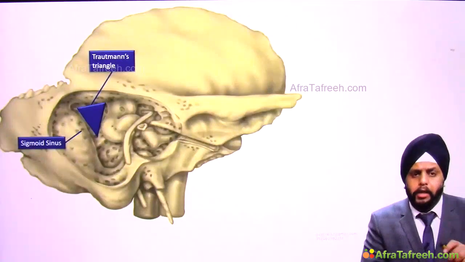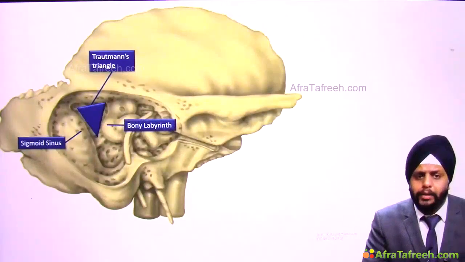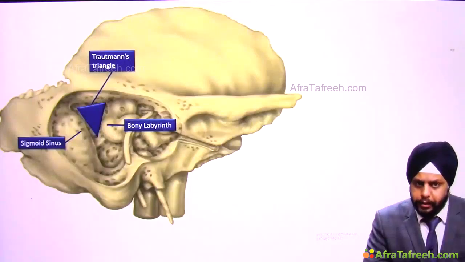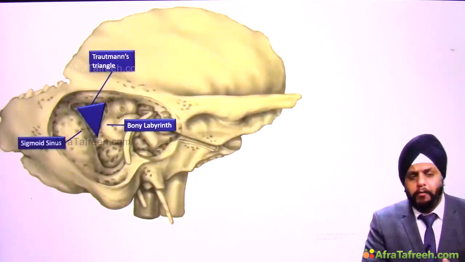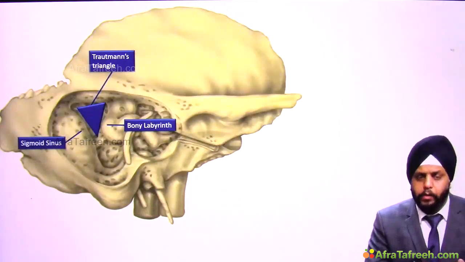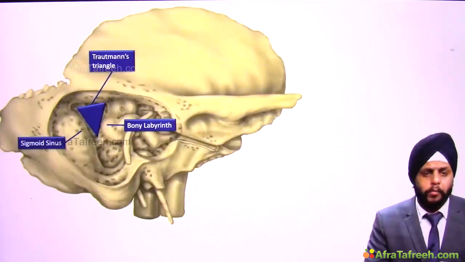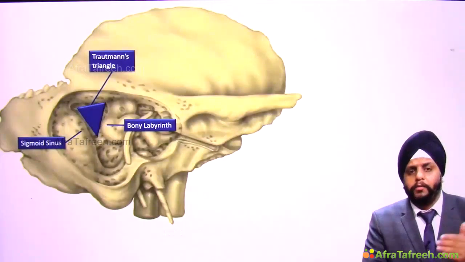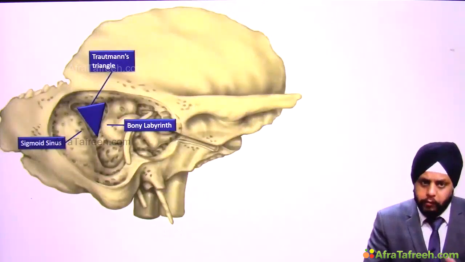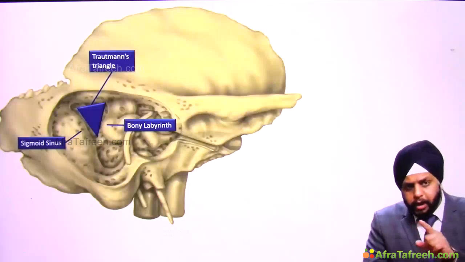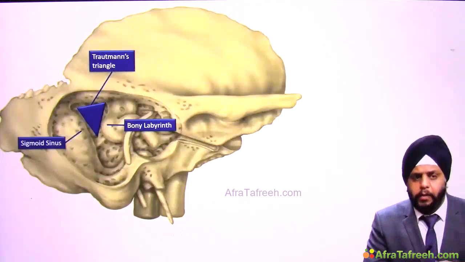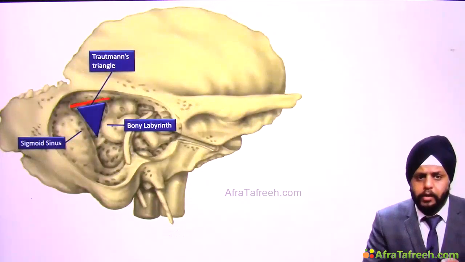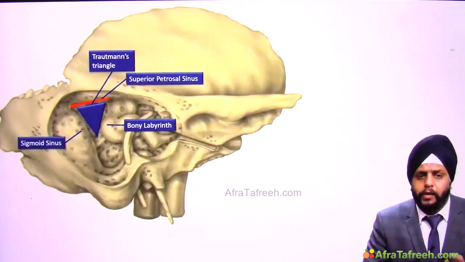Now the anterior boundary is the bony labyrinth, the inner ear. And superiorly, what do we have? We have the tegmen, the dural plate, but we are not considering the bone over here, so we have the soft tissue, the dura. Over here a dural venous sinus passes, known as the superior petrosal sinus.